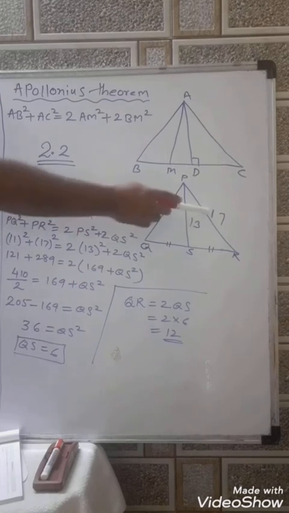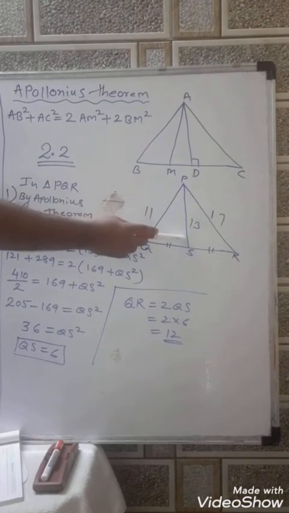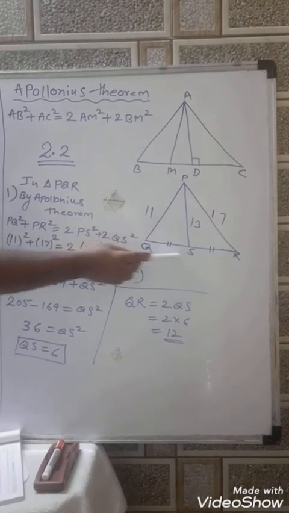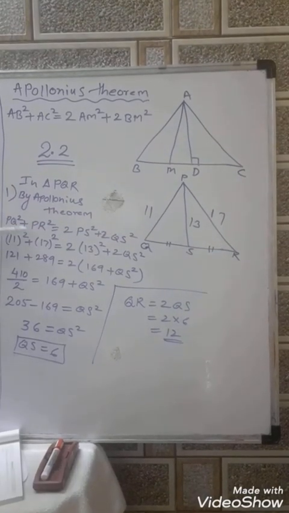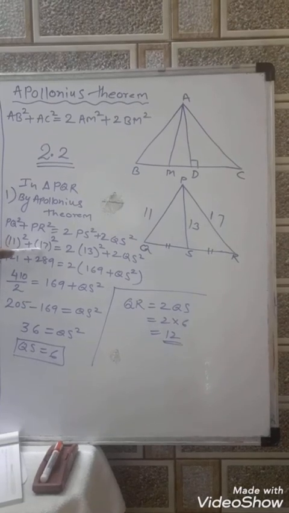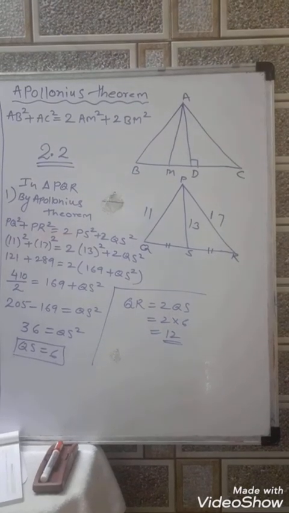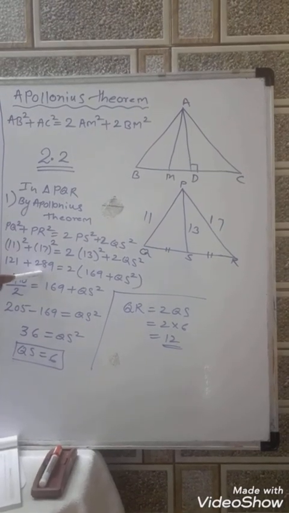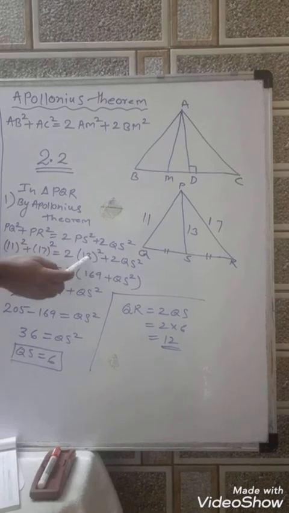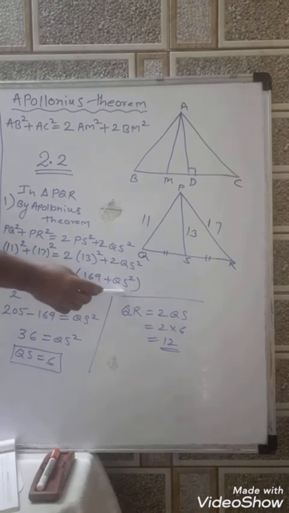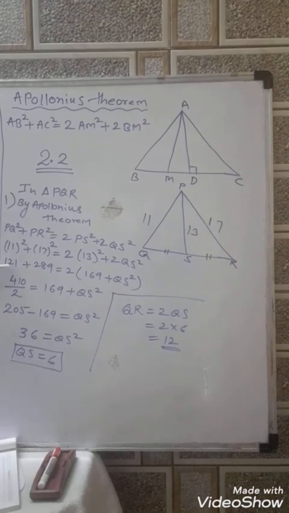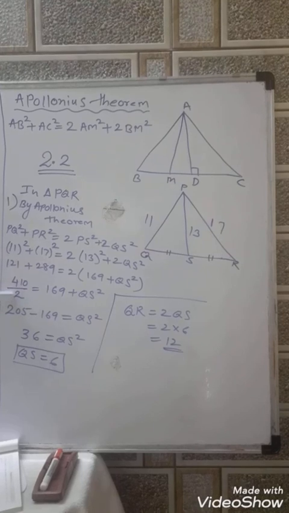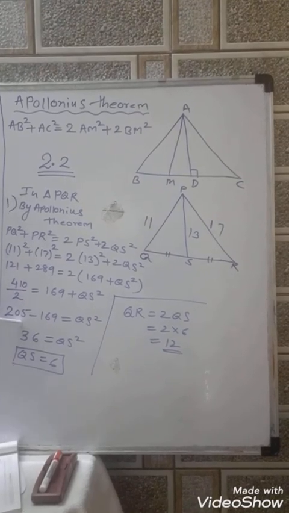That is, PQ square plus PR square equals 2 times PS square plus 2 times any one half side, whether QS or SR. So PQ is 11, PR is 17, PS is 13, QS you have to find. 11 square is 121, 17 square is 289, here we take 2 as common, 13 square is 169 plus QS square. Now 121 plus 289 you get 410, shift the 2 to this side so it is divided, so you get 205.